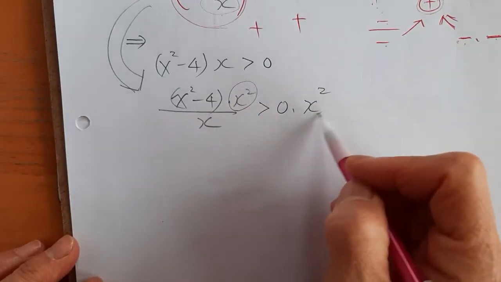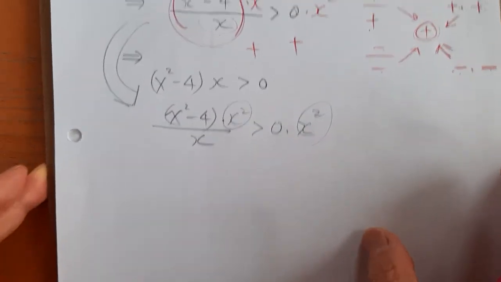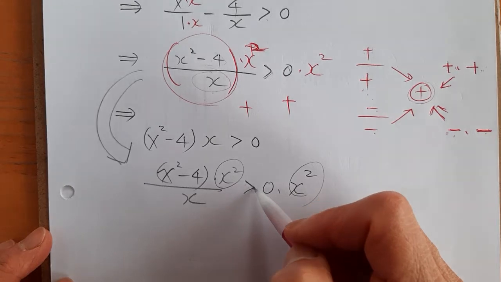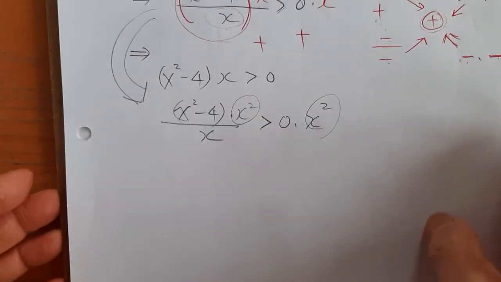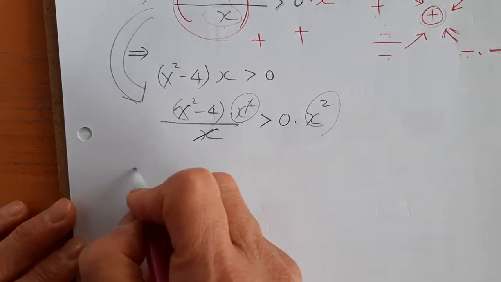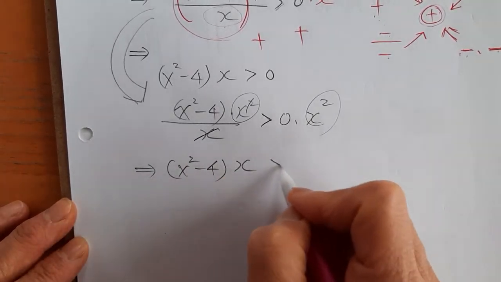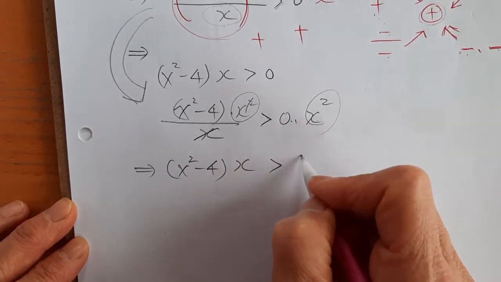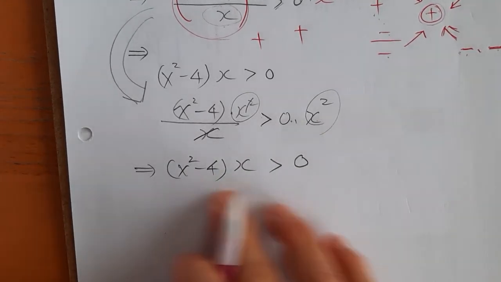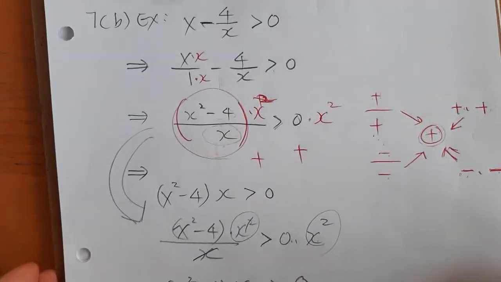Since x squared is positive, both sides are times positive, so greater than is still greater than, don't change the sign. Now x squared cancels one x. So we get x squared minus 4 times x greater than 0 times x squared, which is 0. So we got this. So the two are equivalent, which is the same solution.